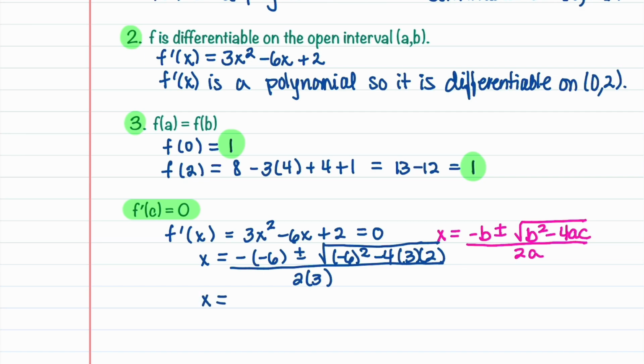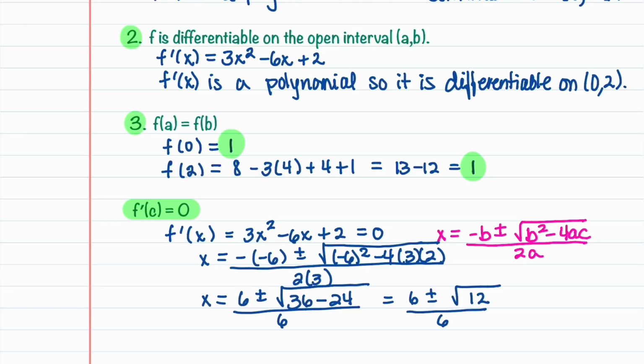Let's now see what we get. This is 6 plus or minus the square root of 36 minus 24, all divided by 6. So this is 6 plus or minus the square root. Let's see, 36 minus 24, that is 12, all divided by 6.